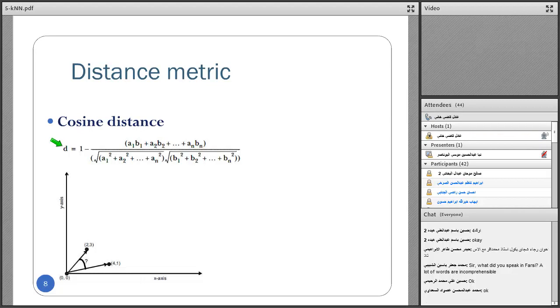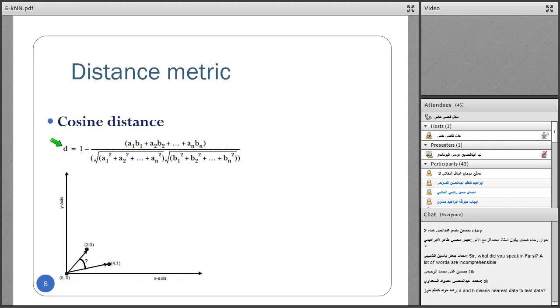Okay, and the cosine distance, this is the formula for the cosine distance. This distance is usually used for data which are characters.